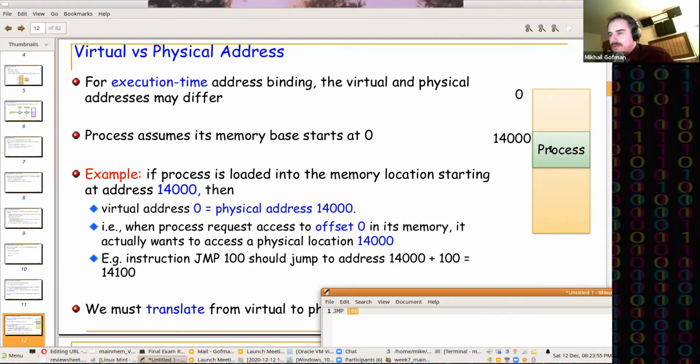And the memory management unit at that point would store the new memory location of the process in memory, and it'll now translate the virtual address of 100 into the physical address by doing 15,000 plus 100, which will give us the physical address of 15,100.